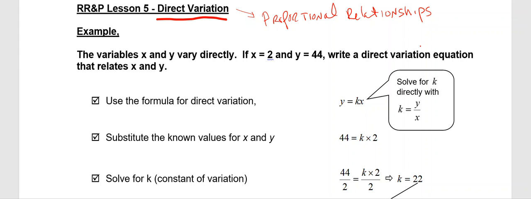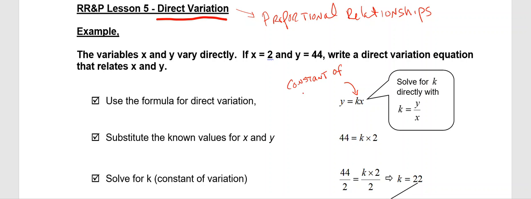So that being said, we should already see that proportionality is present in the formula for representing direct variation, because I've seen this formula already: y equals kx. And we already know that k is our constant of proportionality.